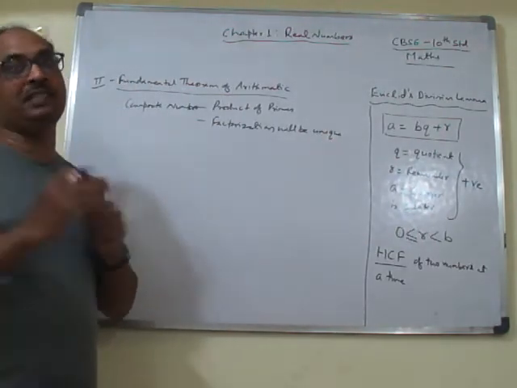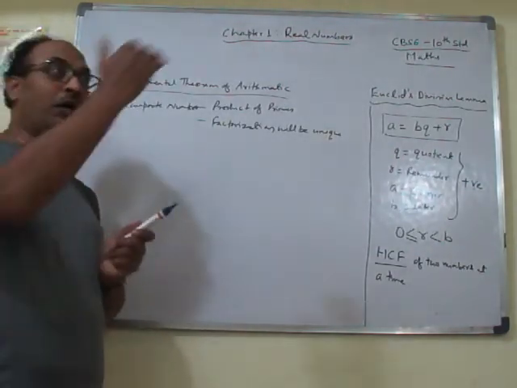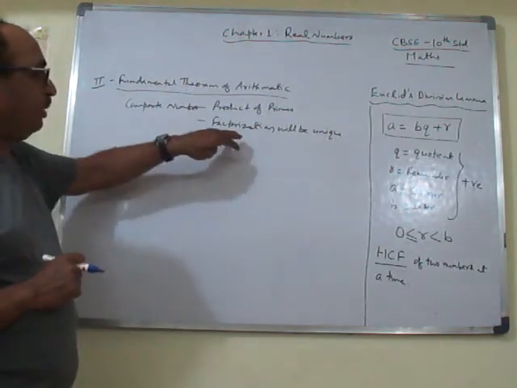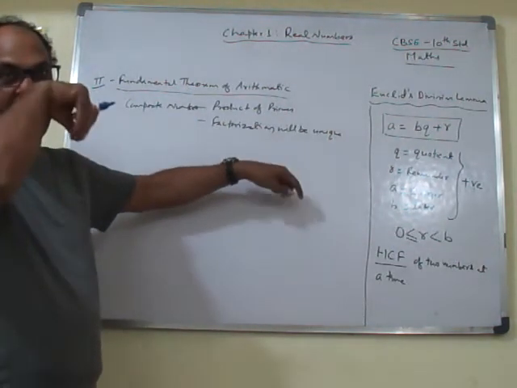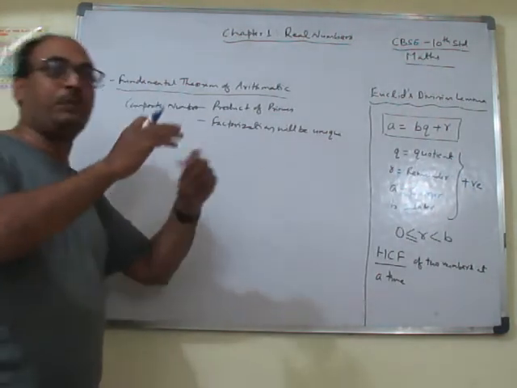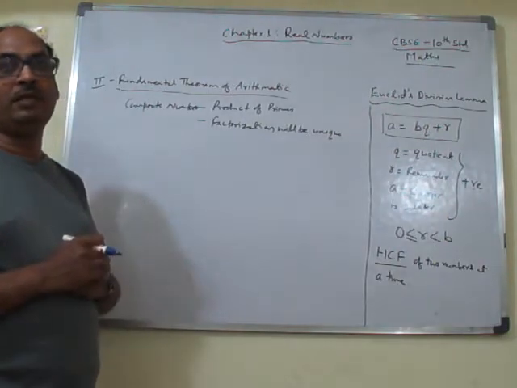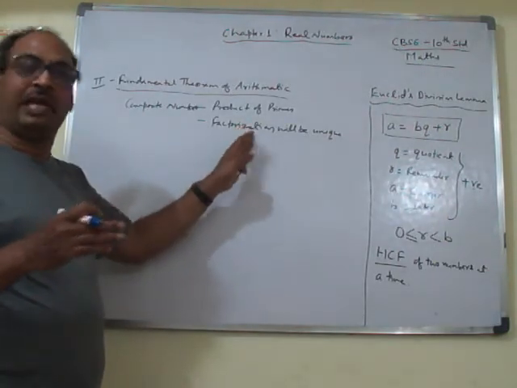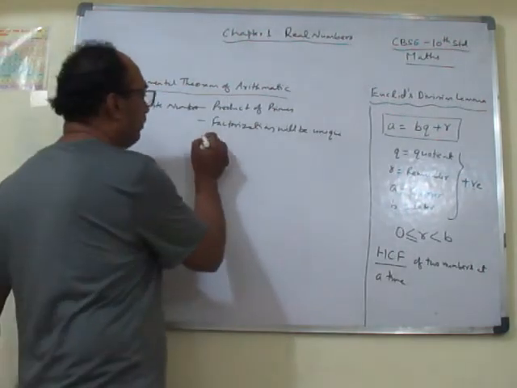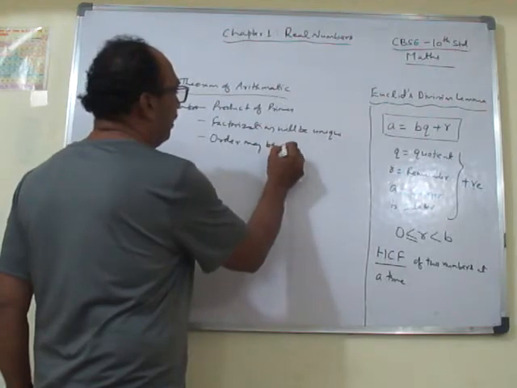It is not necessary that it always follows ascending or descending order. Why is it said that factorization will be unique? For each number there will be a separate set of primes, but the order need not be the same.